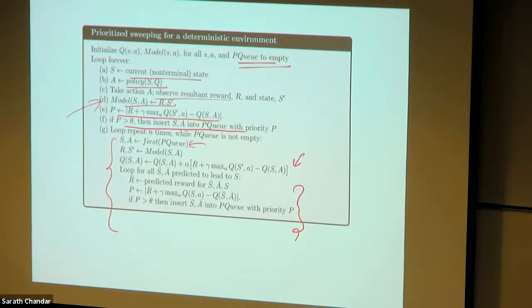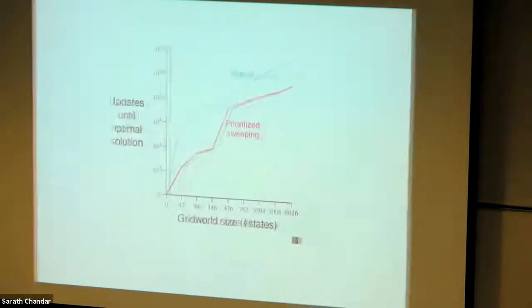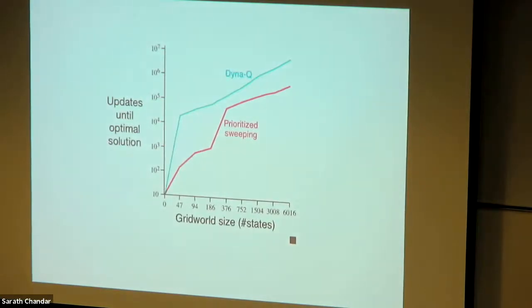Okay. So now this is going to be useful as the number of states increases. Here is a comparison of prioritized sweeping versus vanilla DynaQ. The x-axis is actually the number of states. Each point on the x-axis is a different grid world, so I keep increasing the number of grids in my grid world.